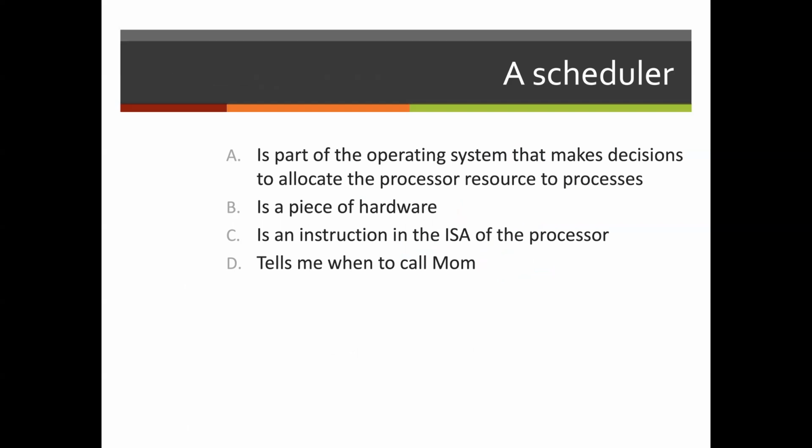D, a scheduler tells me when to call mom. And so one thing that you want to keep in mind is that a scheduler is part of the operating system that can be utilized to make decisions to allocate the processor resource to processes.